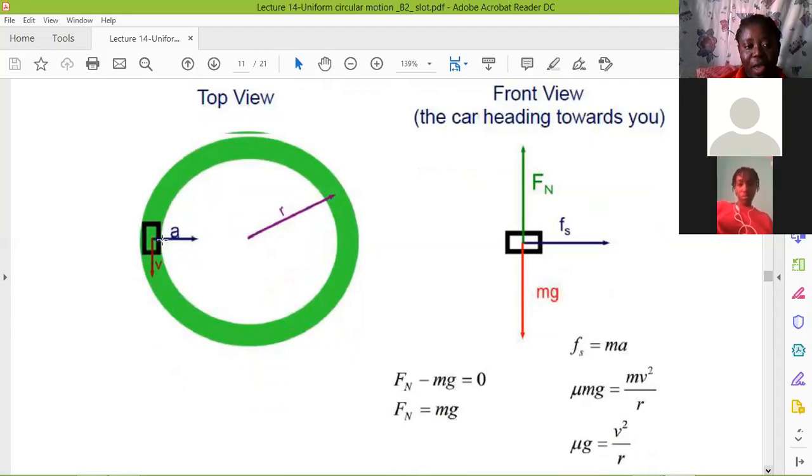So if you are at this point, we are looking at the forces for a car moving along the curve. We have done the vertical motions, the up and down. So now we are looking at the horizontal motions.